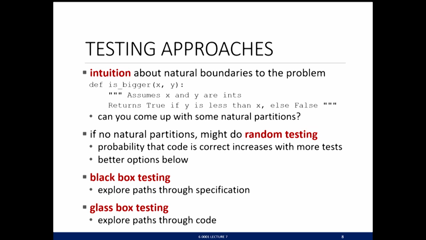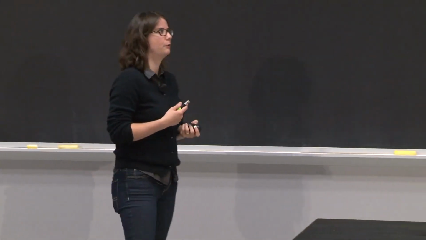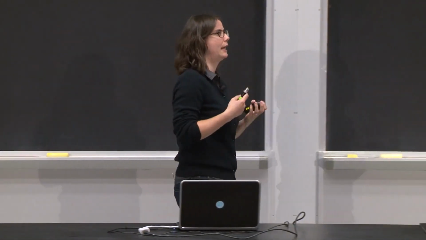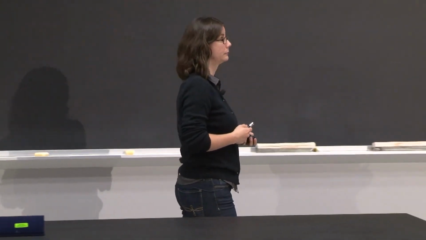So that's just sort of an intuition about the problem. It's possible you have some problems for which there are no natural partitions, in which case you might do some random testing, and then the more random testing you do, the greater the likelihood that your program is correct.